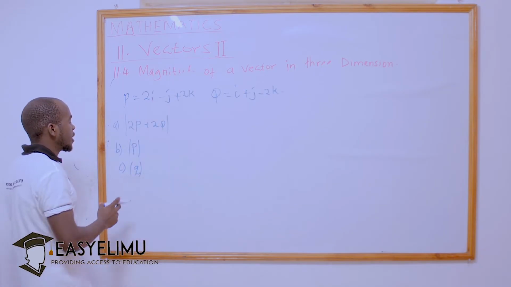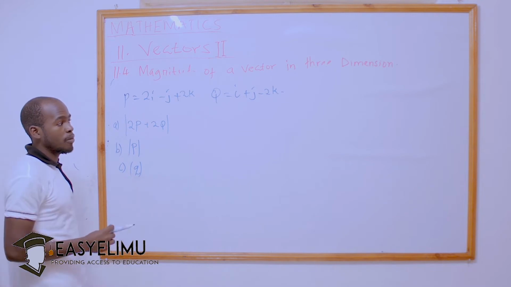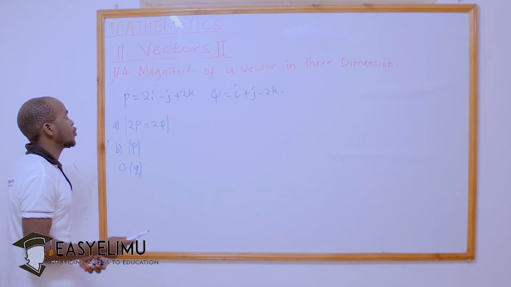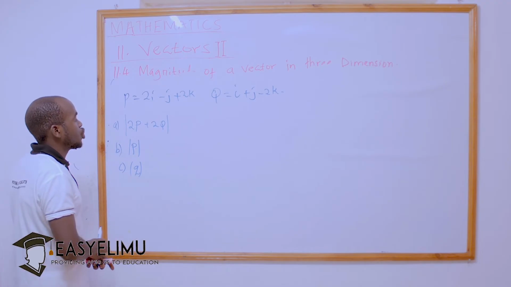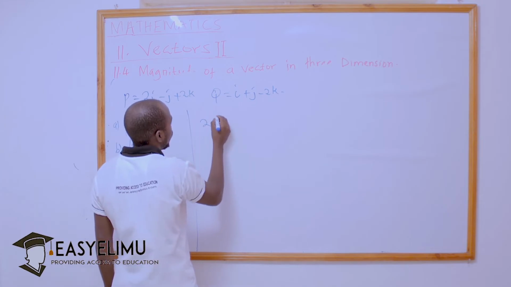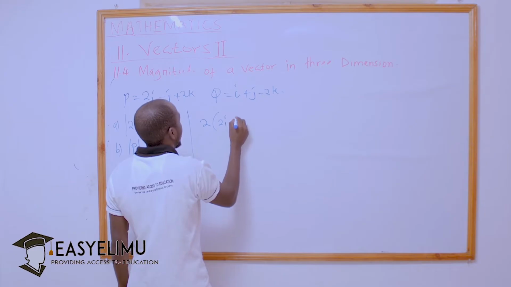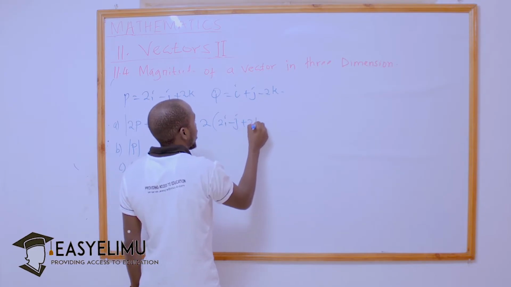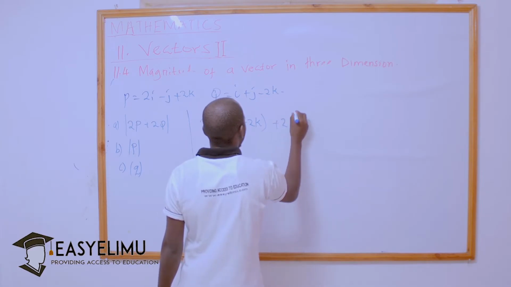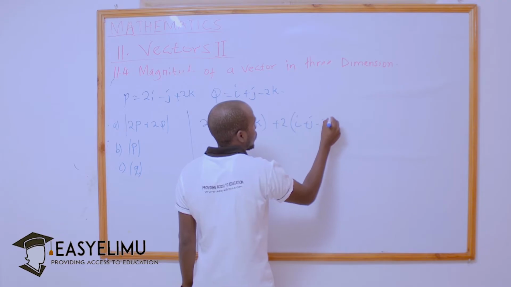You will determine the modulus of P and modulus of Q, because I remember I have shown you the way. I will do that for 2P plus 2Q, the modulus of that. So in that case, I'm going to have 2 into P, but my P is 2i minus j plus 2k, plus 2 into Q, and my Q is i plus j minus 2k.